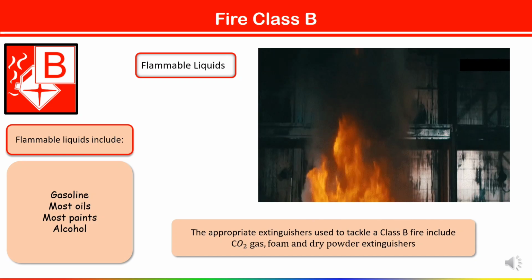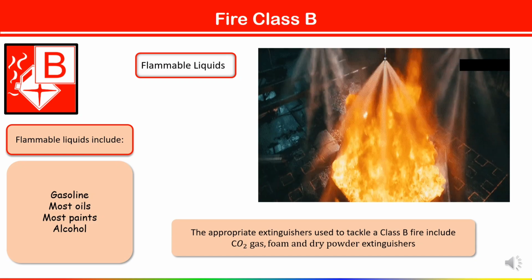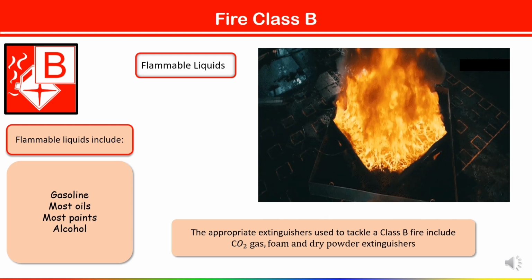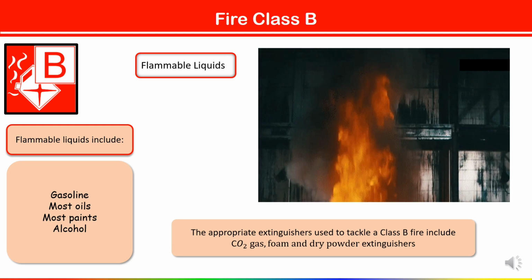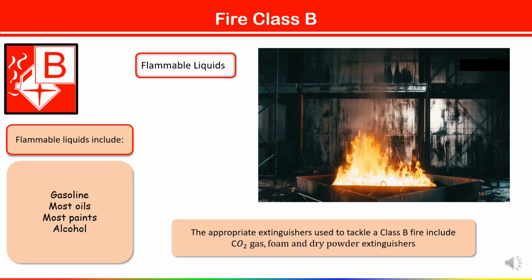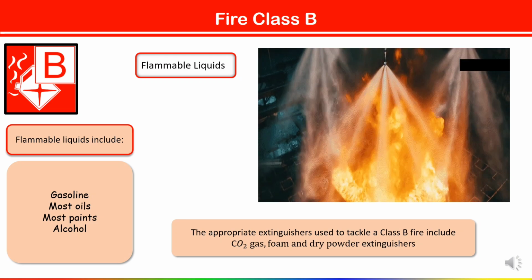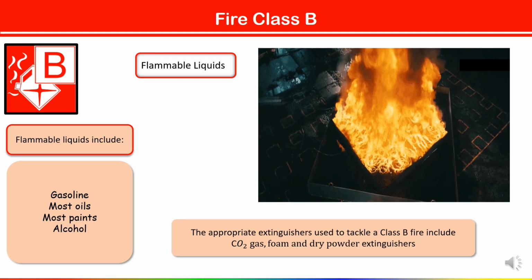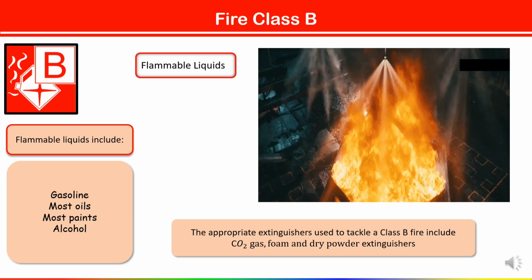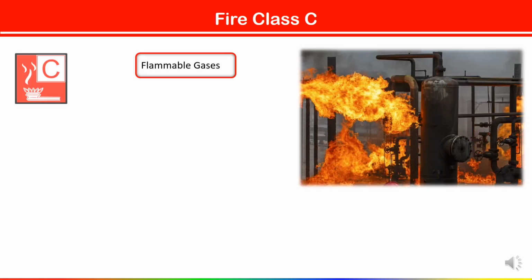But remember one thing, for class B fire do not use water. Why? Because water can spread the flammable liquid, making the fire more extensive and dangerous. So always remember, do not use water for class B fire. Now let's see class C fire.